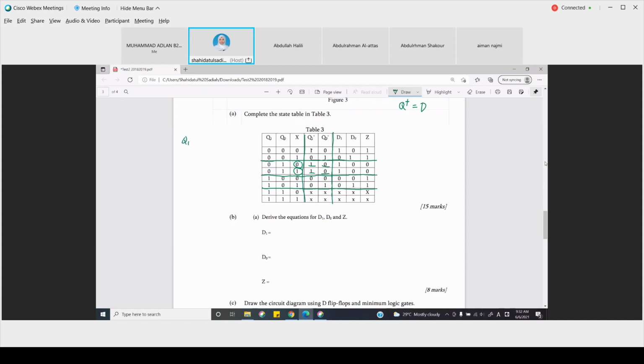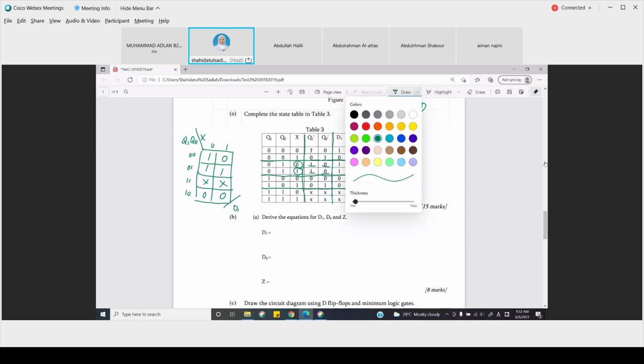D1 is a function of Q1, Q0, X. This one is for D1, so it's 1, 0, 1, 1, 0, 0, X, then 1, 0, 1, 1, X, X.